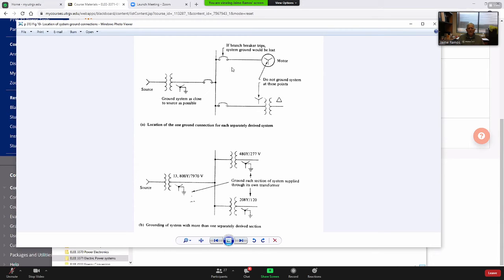So in the first case, the two positions, motor and primary of the second transformer, are not separately derived. They are not separately derived. In the bottom part, the secondary of the second transformer, yes, they are separately derived. So then we can ground again. Okay.